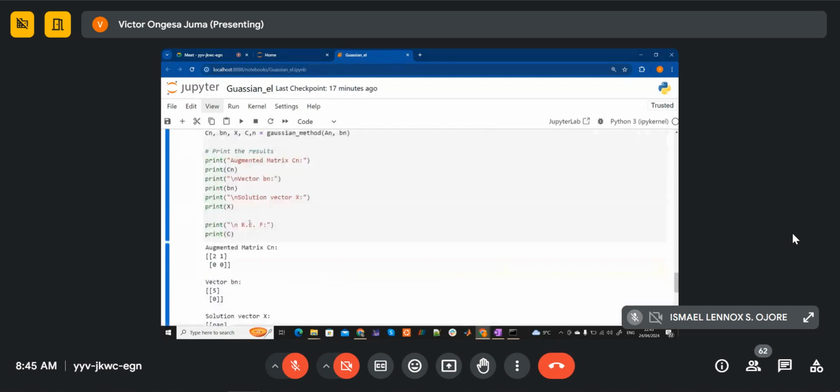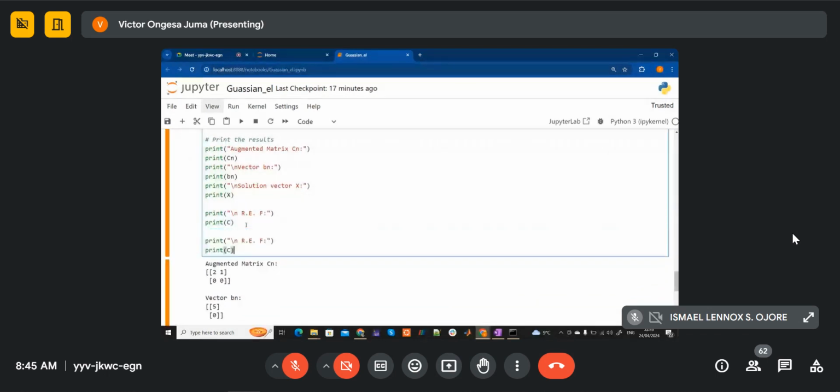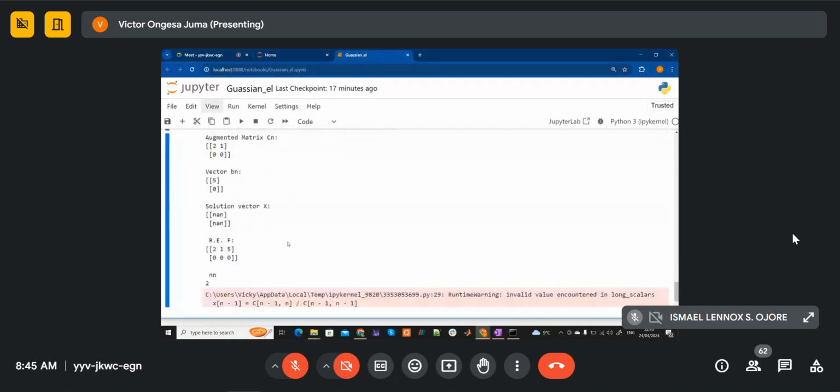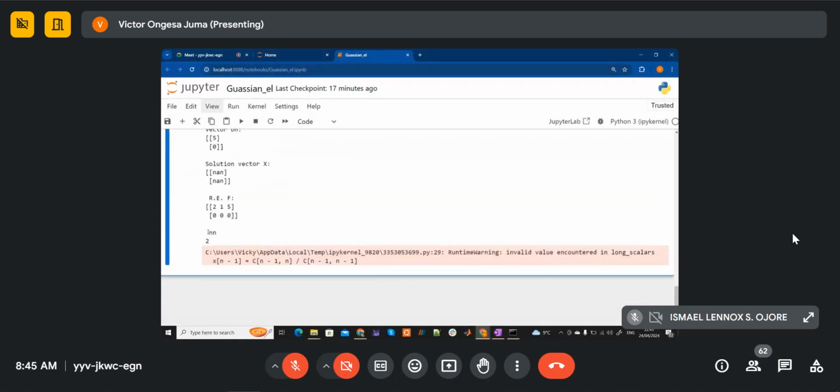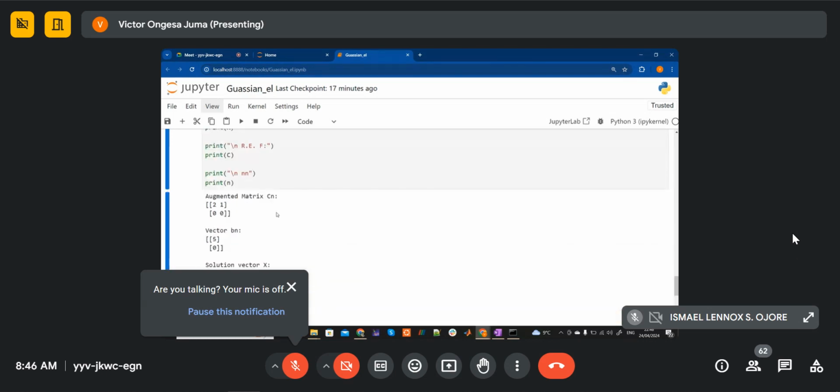I have to print out n. N is 2, which is okay. But why is it not working correctly?